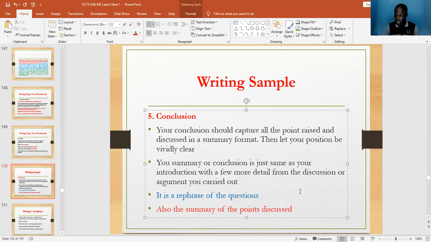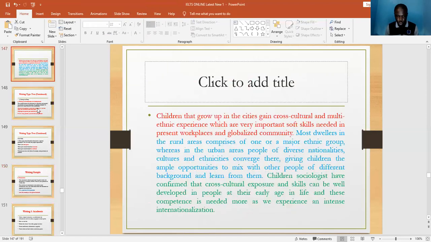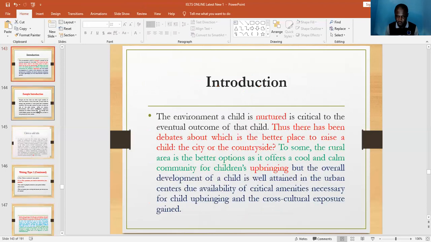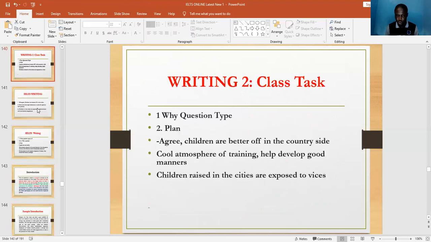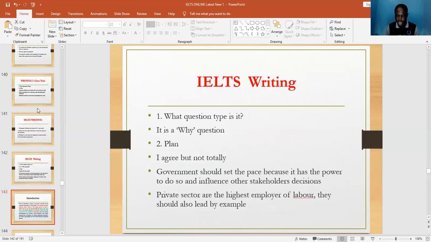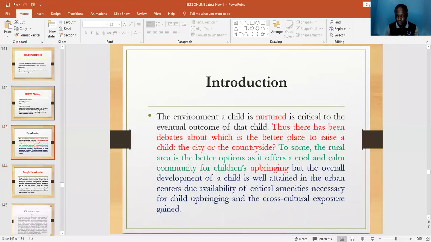And one thing that you need to note is this: if you do your introduction very, very well, your introduction and your conclusion will look alike. The only thing is that the conclusion will contain more information because you have arrived at a conclusion or some analysis.